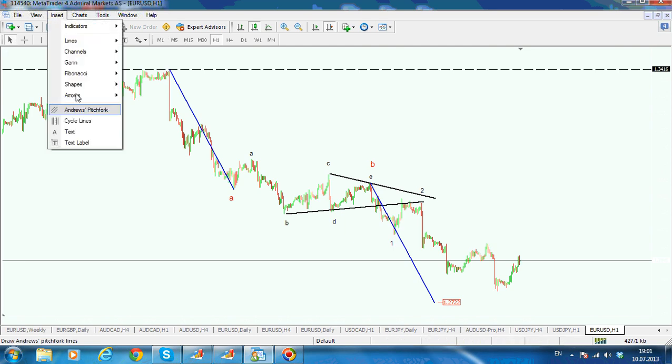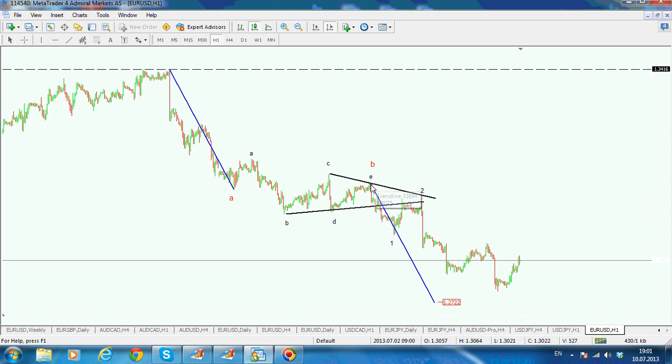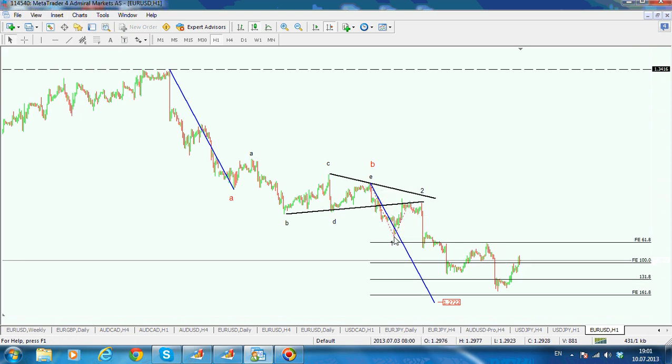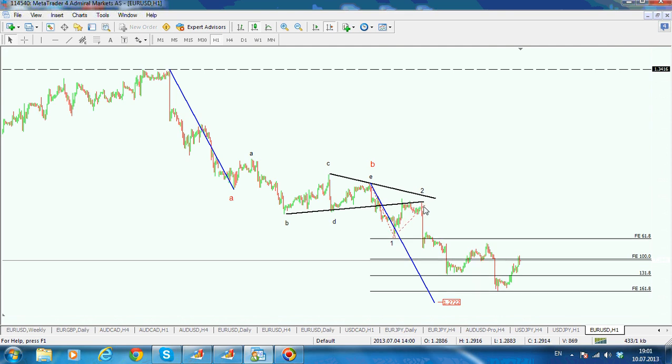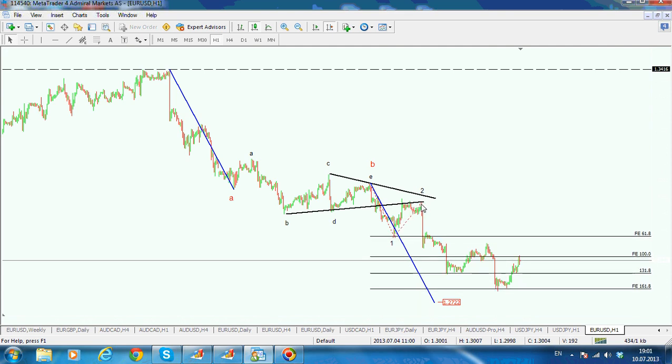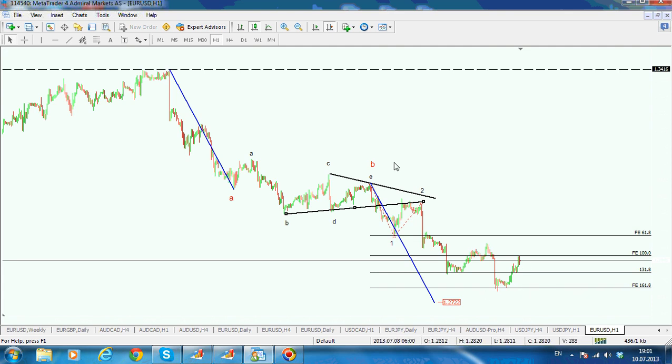So if you take a Fibonacci expansion from the lows here, like this, you can see that the 161.8 extension comes exactly at the recent lows. So I would say that this is a third wave here.